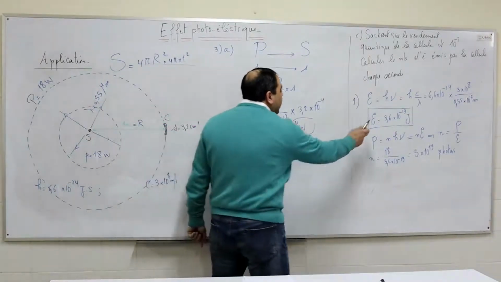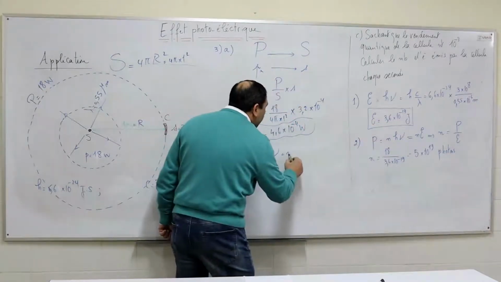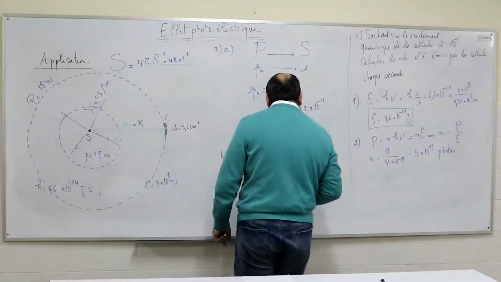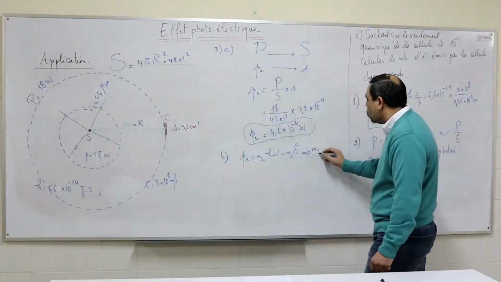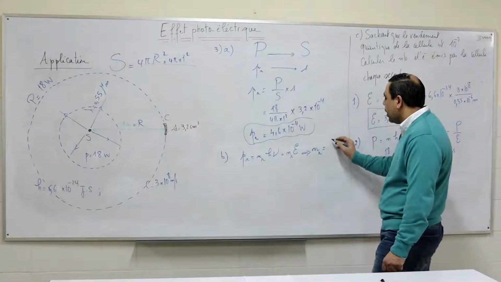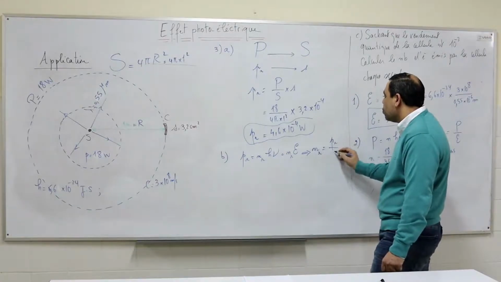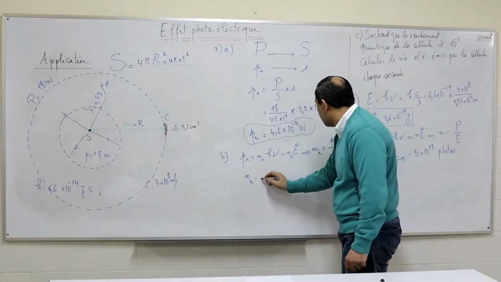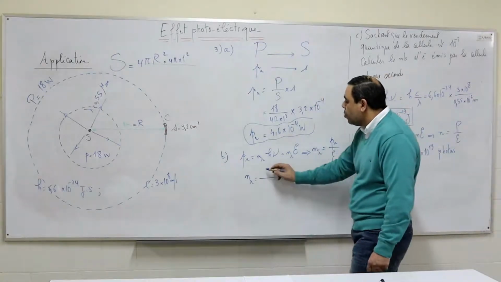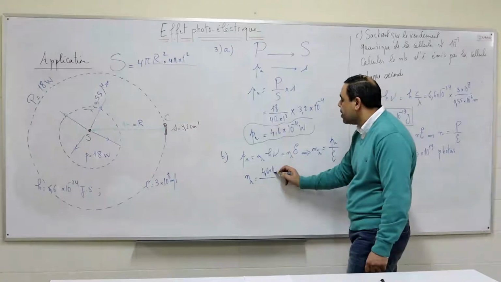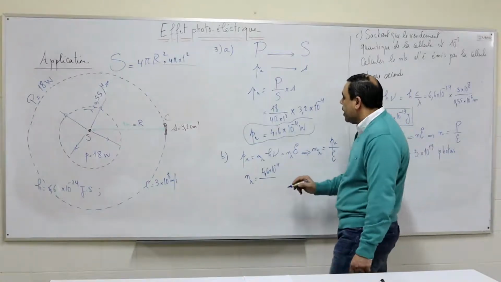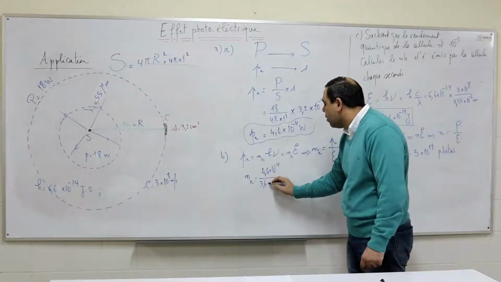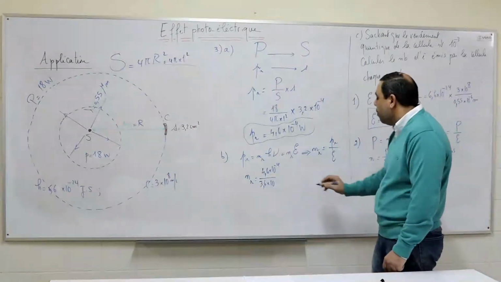This is equal to the number of received photons multiplied by E. So the number of received photons each second is equal to PR over the energy of a photon. nr is equal to 4.6 times 10 exponent minus 4 over 3.6 times 10 exponent minus 19.